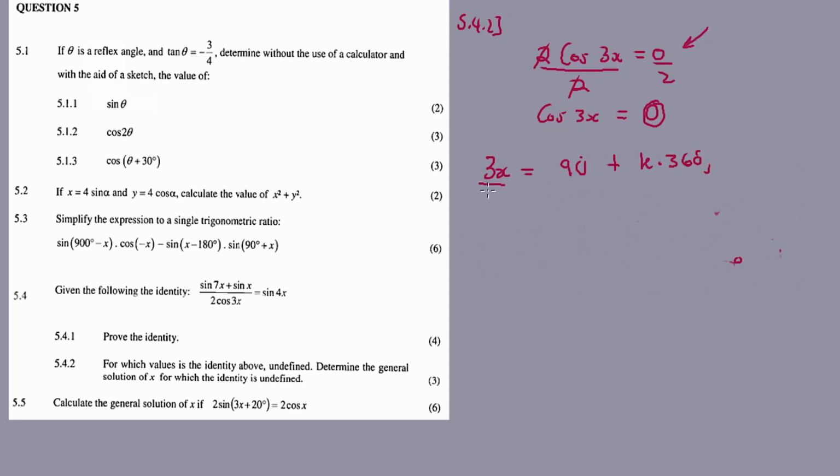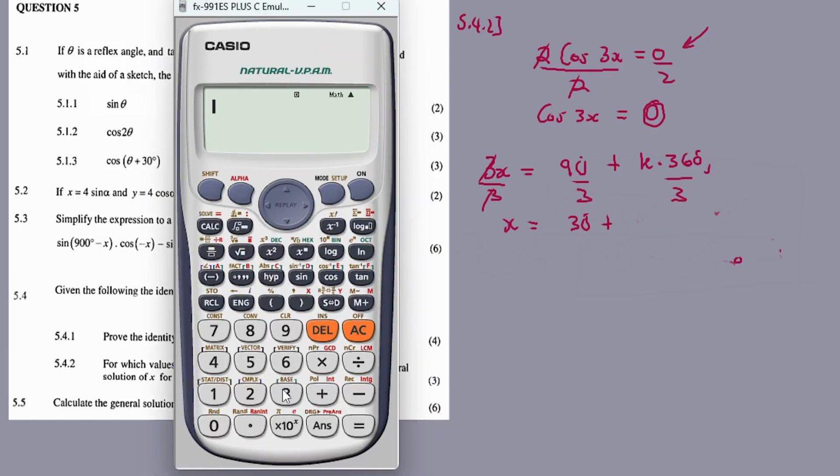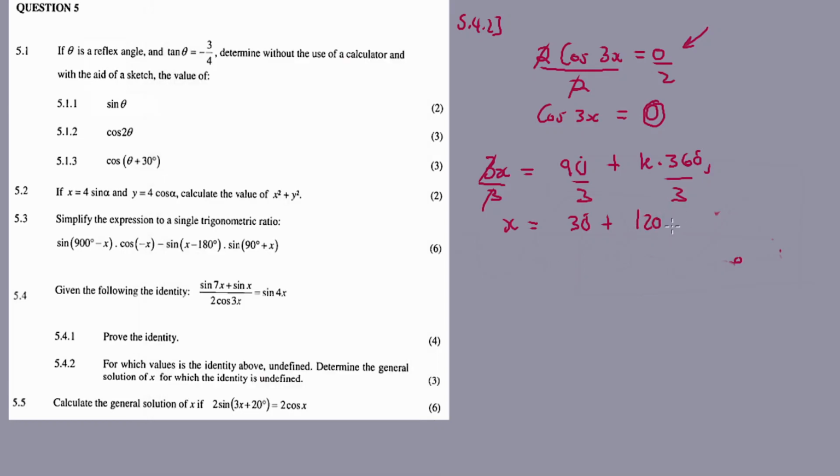Divide by 3, divide by 3, divide by 3. x is equal to 90 over 3, we get 30, plus 360 divided by 3, it's 120, k element of integers.